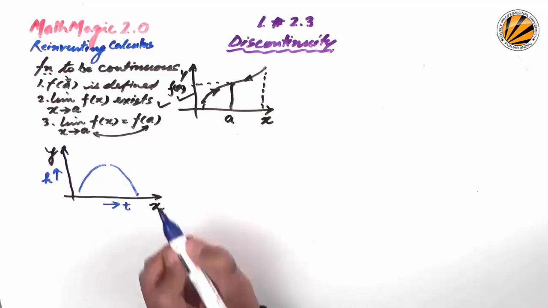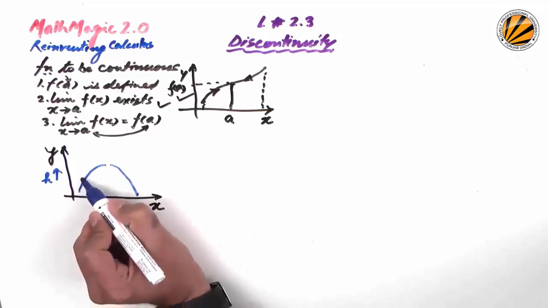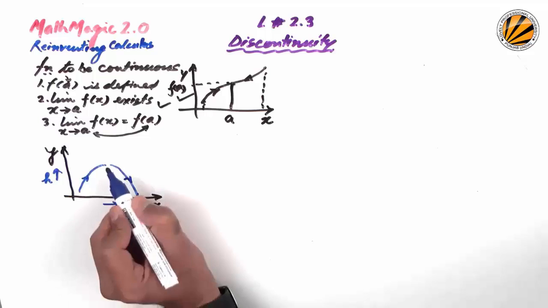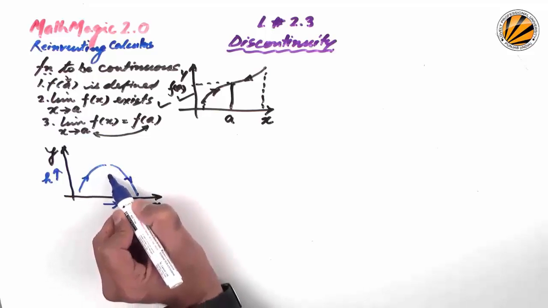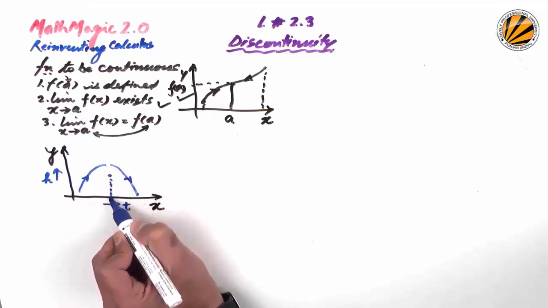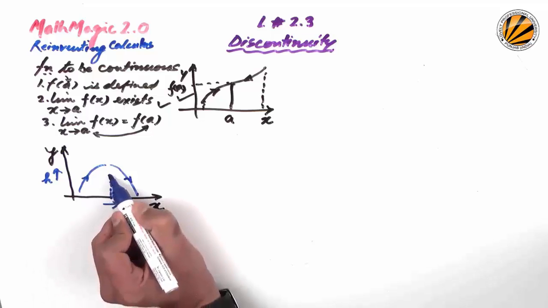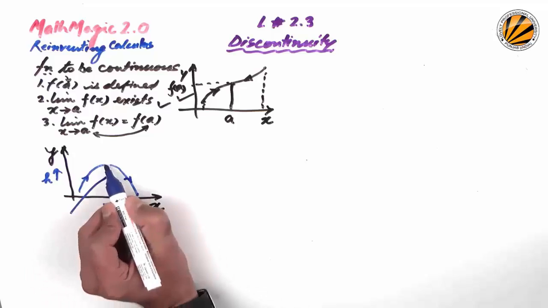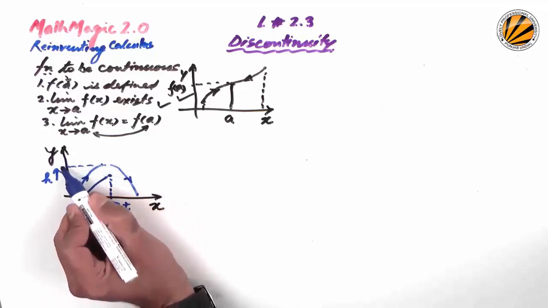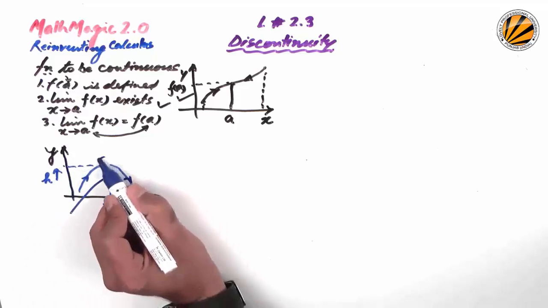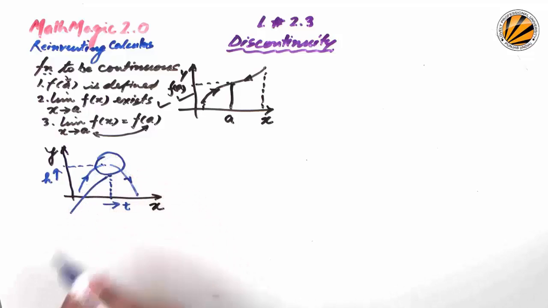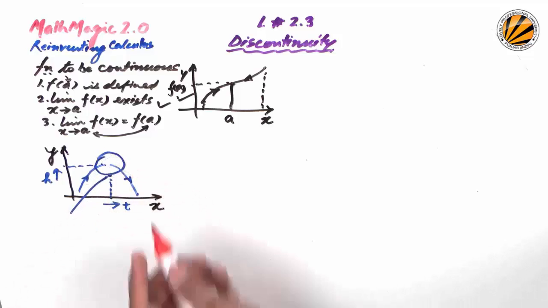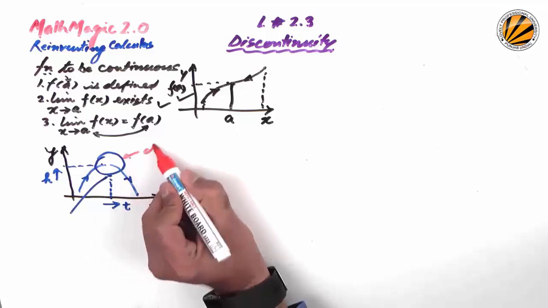Now this is the time side. Here it is continuous, here it is continuous, but at this particular point of time, the output given by the sensor is this, but actually it has to be somewhere here, and it is not here. Look at this particular area, and this is nothing but depicting the discontinuity.